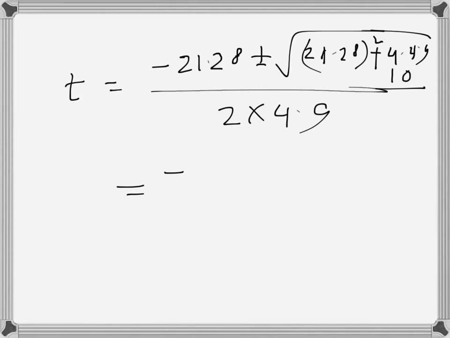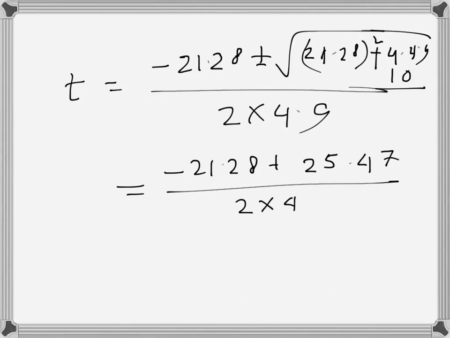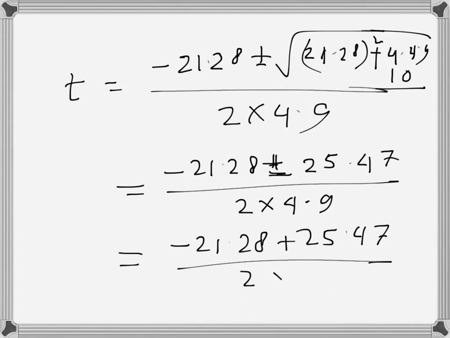So that becomes minus 21.28 plus 25.47 over 2 times 4.9, plus or minus. The minus one we can ignore because the time would become negative, which won't work. So we can take just the plus one, which is 25.47 over 2 times 4.9, which is 0.428. So this is the other time.